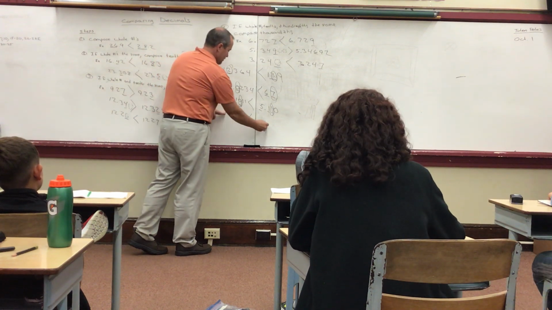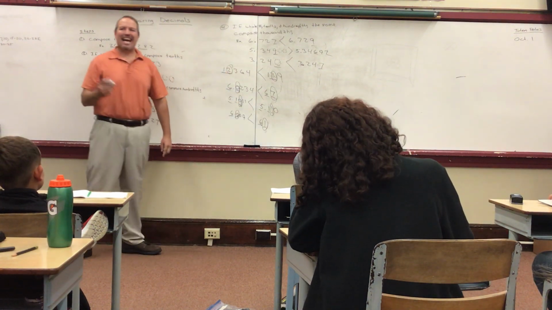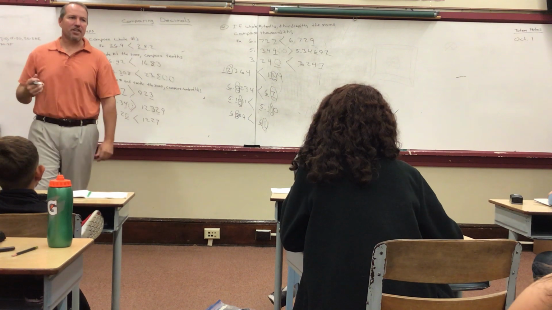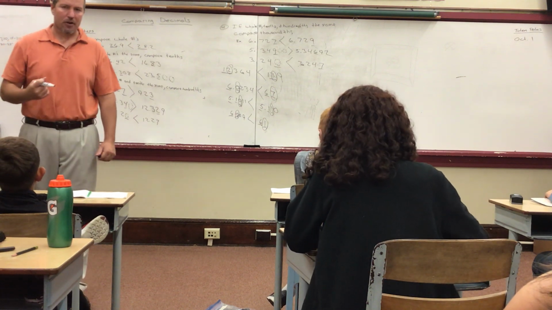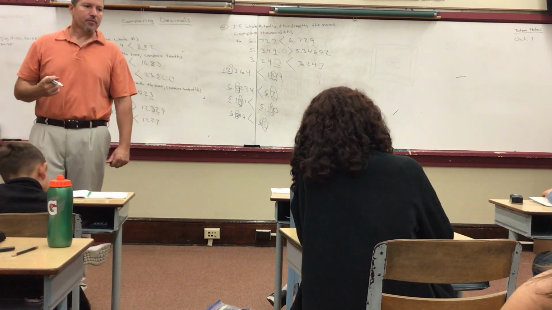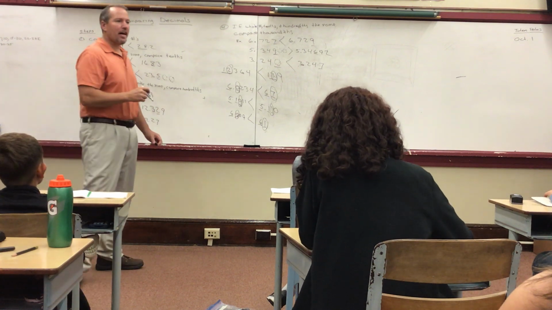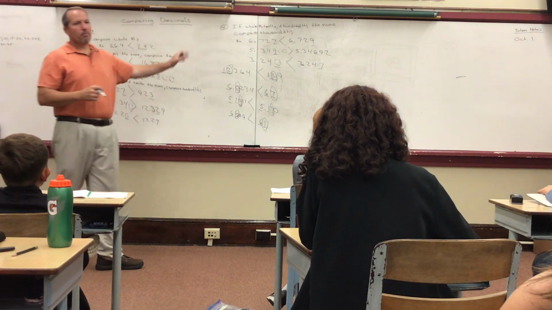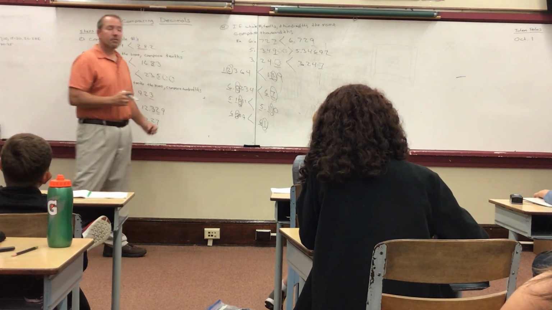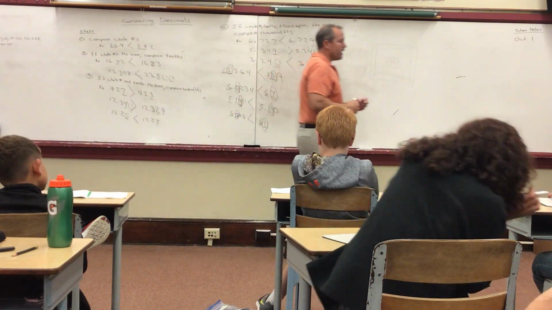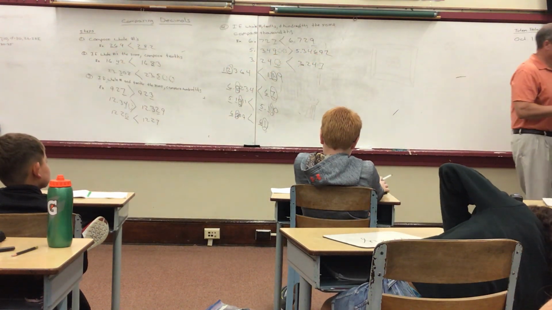Okay? And so they're going to ask you to identify what place value tells you which one is bigger or smaller. Questions about that? So, part of your assignment is going to be to compare them. Part of your assignment is going to be to ask what place value tells you which one is bigger or smaller.